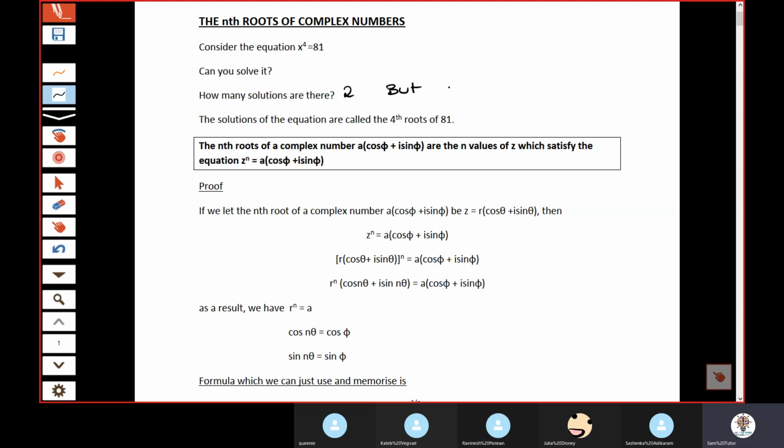But how many solutions should there be? 4. Yeah, right. We know there should be 4. And obviously that's where your complex numbers come in. 2 solutions could be real, and the other 2 are probably going to be imaginary.